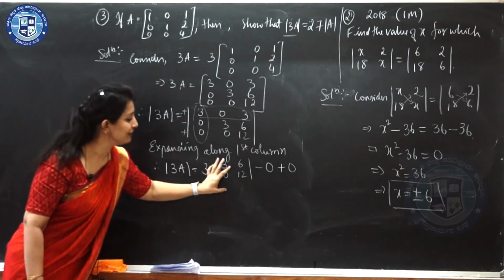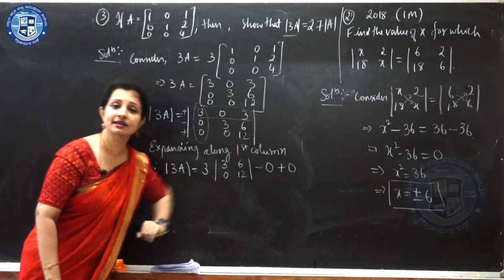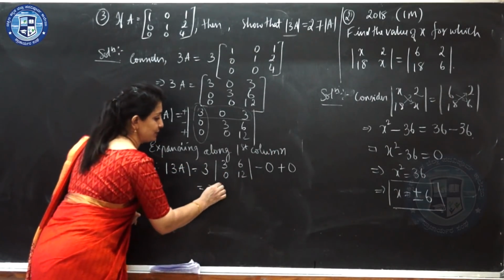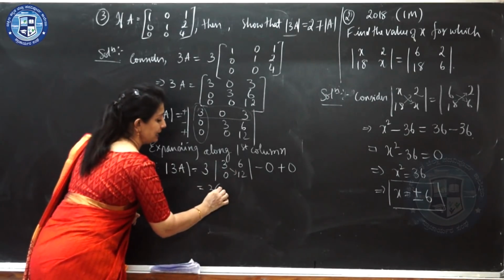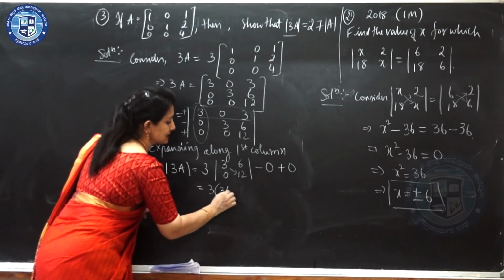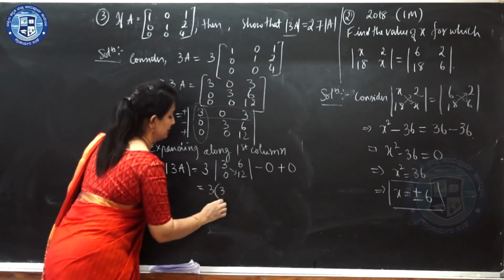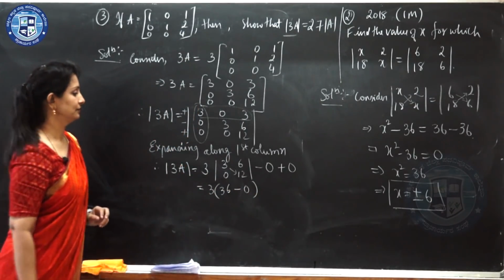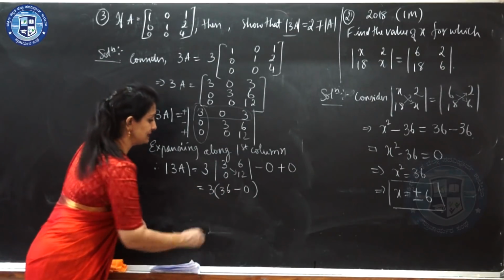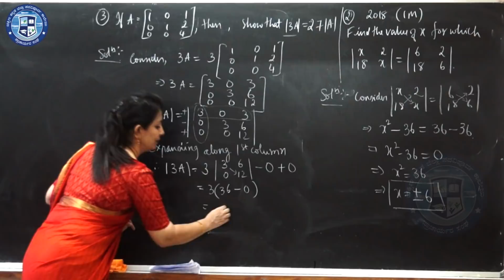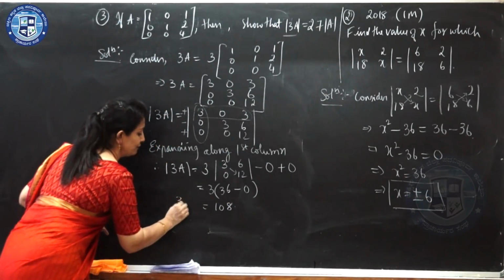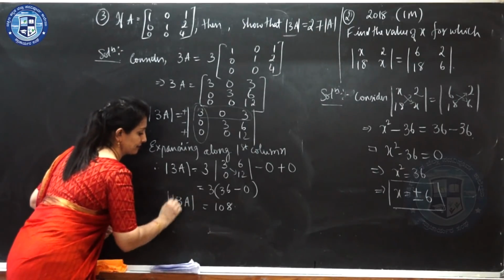So only you have to find this determinant value, the other 2 elements are zeros here. So that is equal to 3 into, cross multiply, 3 into 12 is 36, minus 6 into 0, yes. 3 into 36 minus 0, which is 108, which is the value of determinant of 3A.